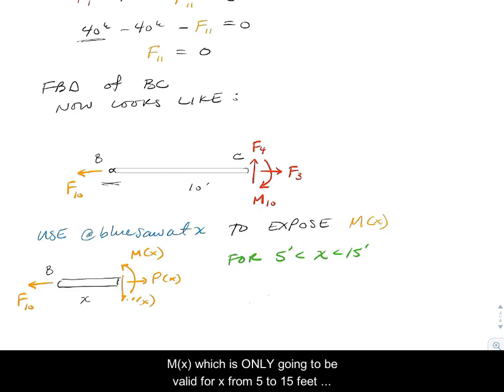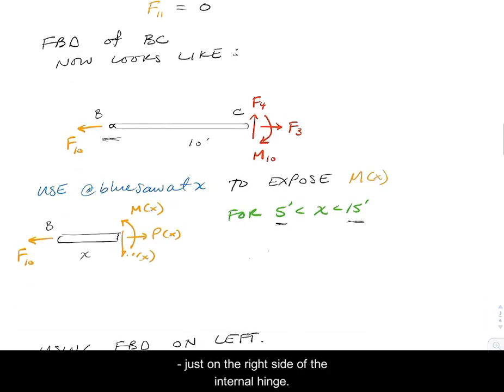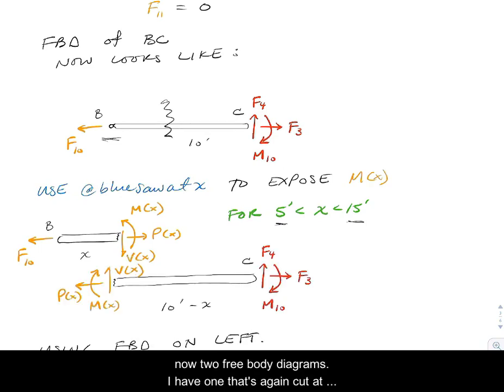This is only going to be valid for x from 5 to 15, just on the right side of the internal hinge. And so I'm going to end up with a cut, and that gives me now two free body diagrams. So I have one that's again cut at a distance x, and another one left over, which would be 10 minus x.